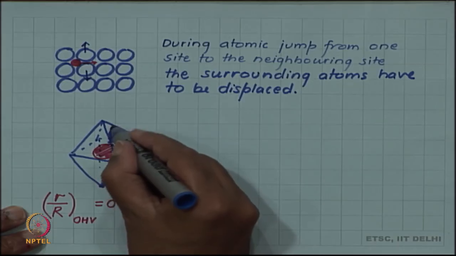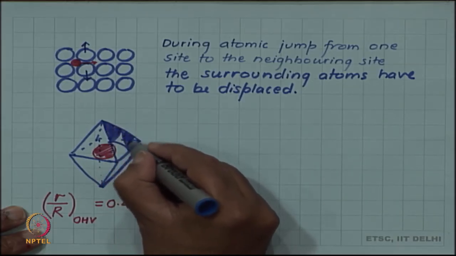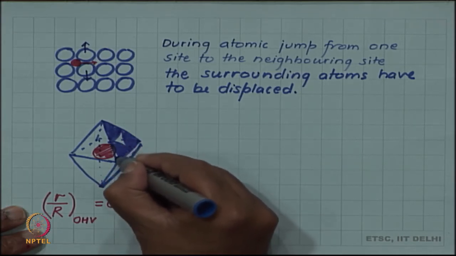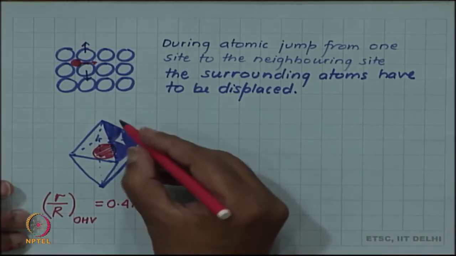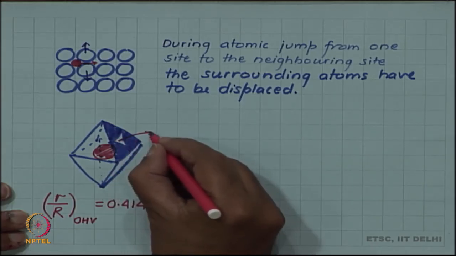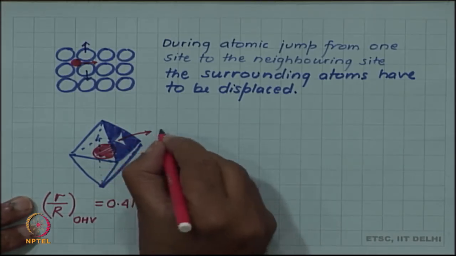If I fill this to represent the host atoms, you can see that this red interstitial atom has to jump out of this window. So, the window available to jump out to the neighboring site is this one.